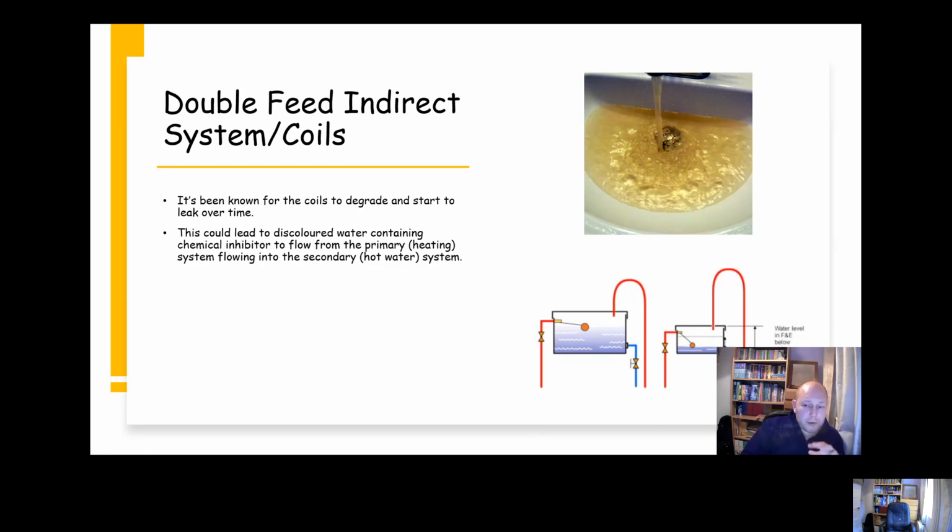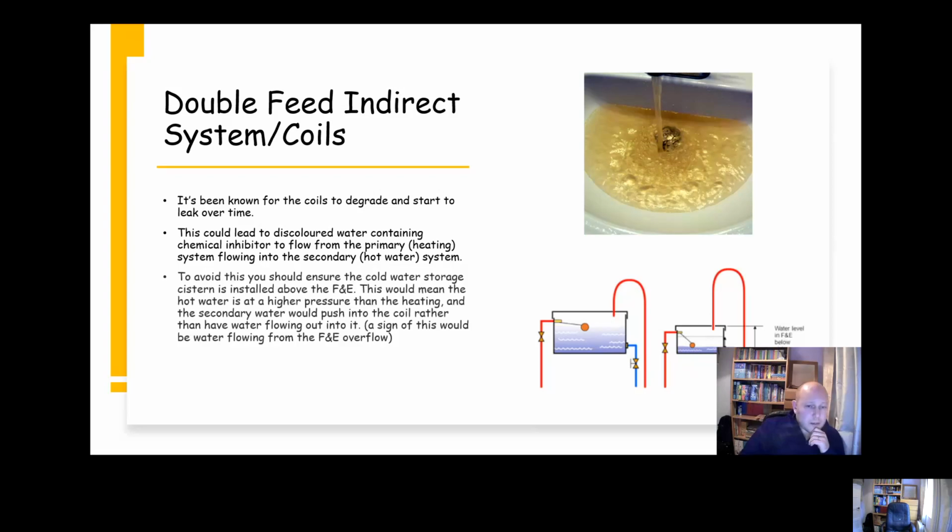That would depend essentially on the height difference between the cold water storage system and the F&E system, if it's an open vented heating system in an open vented cylinder. If the F&E was higher than the cold water storage system, that would mean the water pressure in the heating system would be higher, and the discoloured water would flow into the cylinder through the coil.